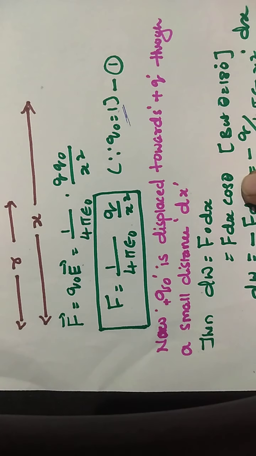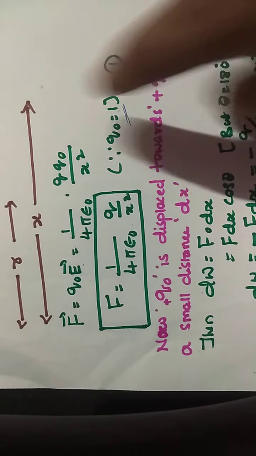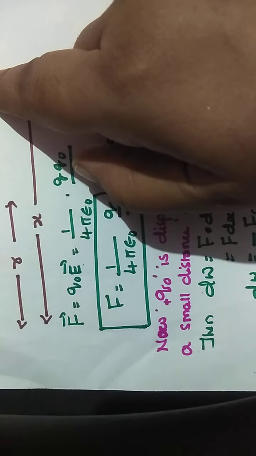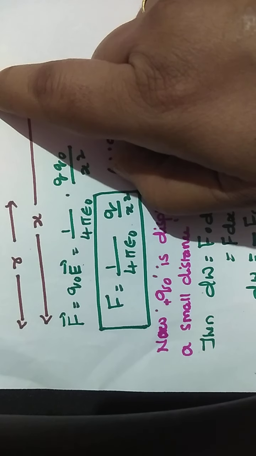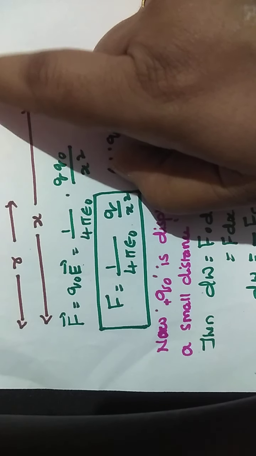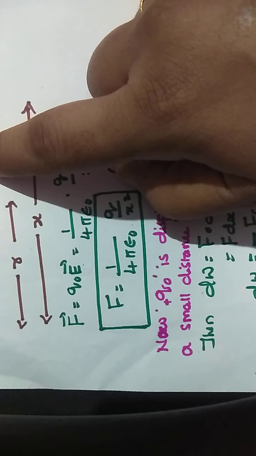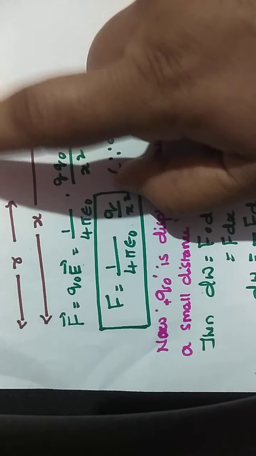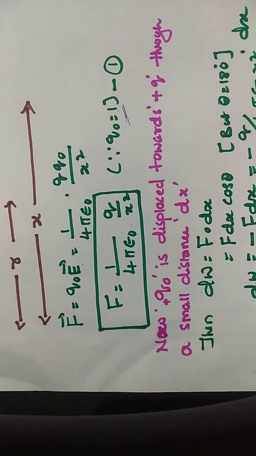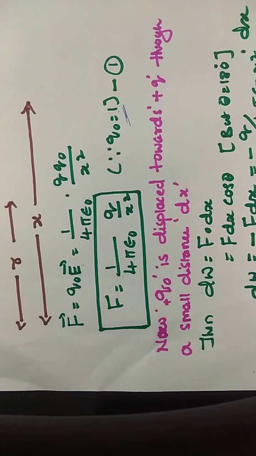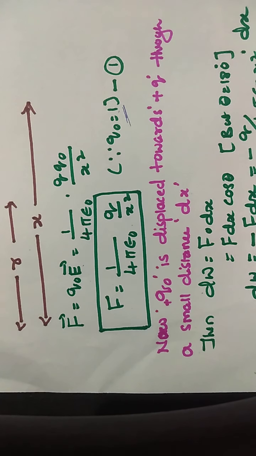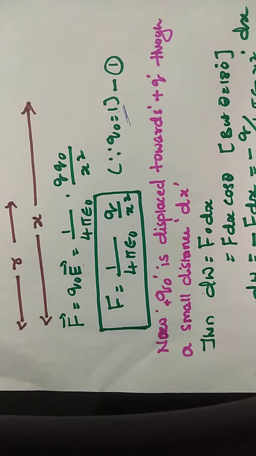This is the dot product, but here theta is equal to 180 degrees because the electric force of the field and the direction of motion of the charge are in opposite directions. Therefore dW is equal to minus F dx, which, putting the value of F, is equal to minus Q divided by 4 pi epsilon naught x square into dx.